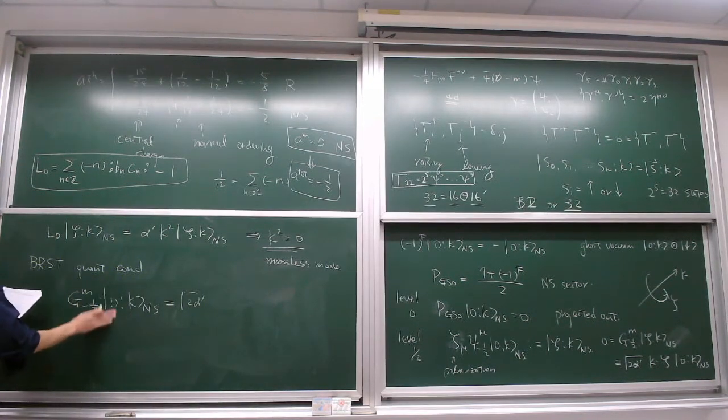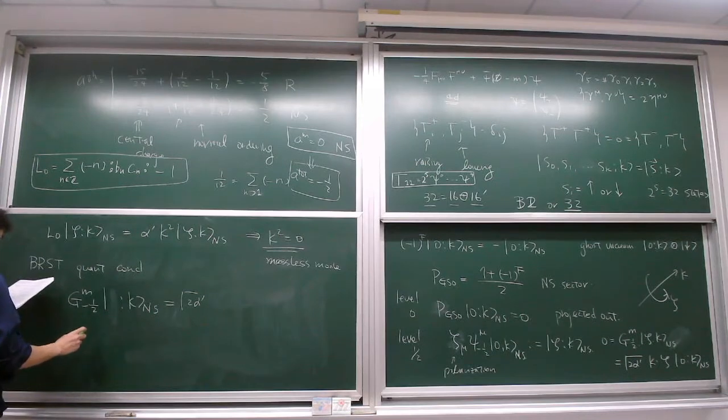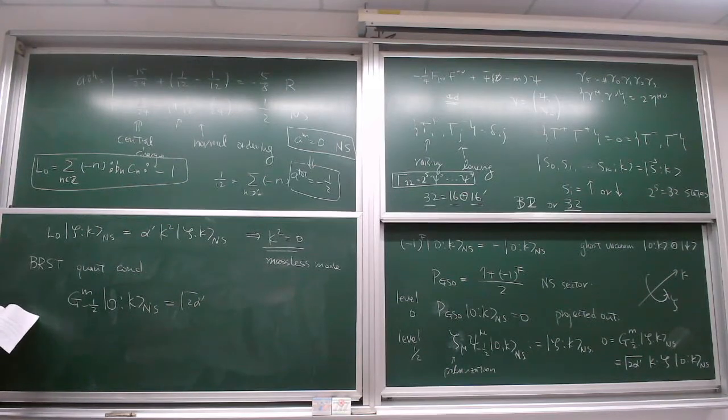This should be zeta. Sorry, I'm pretty sure. Why do I think this? Oh, no, it's okay. Sorry. So remember that the G matter is something like, I think I'm getting rusty.